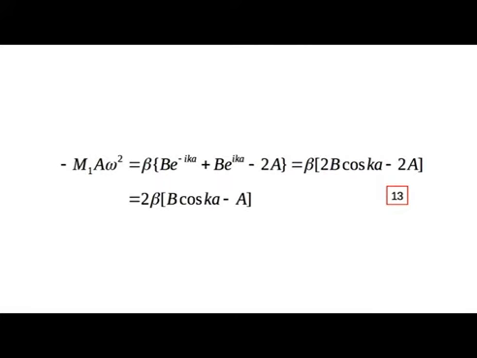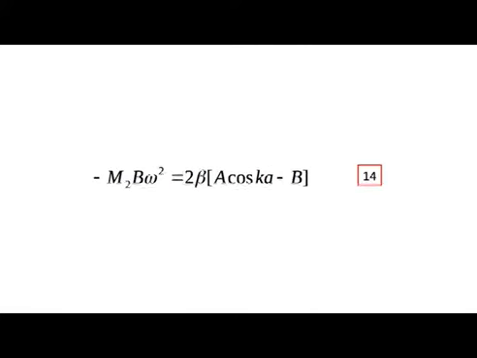And similarly, for the mass M2, you will have minus M2 b omega squared equal to 2 beta a cos k a minus b, so which I call equation number 13 and 14, 13 for M1 and 14 for M2.